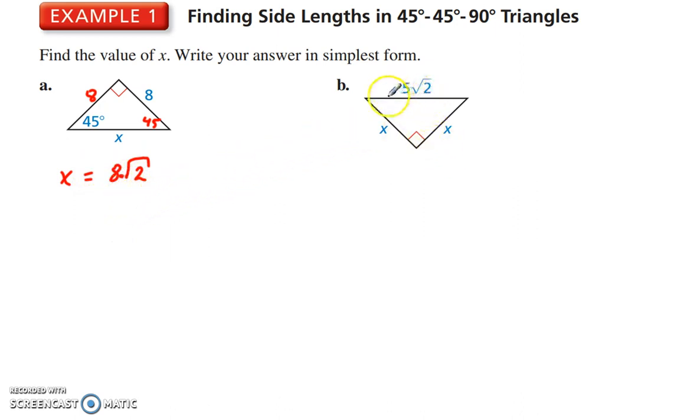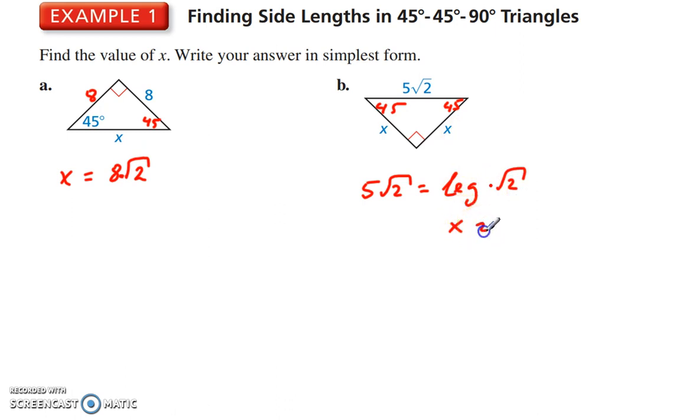Now over here we have an isosceles triangle. Therefore, if this is 90, then this must be 45 and 45. The base angles theorem says that in an isosceles triangle, the base angles are the same. Remember that the hypotenuse, 5 radical 2, is the leg times radical 2, and the leg in this case is x.